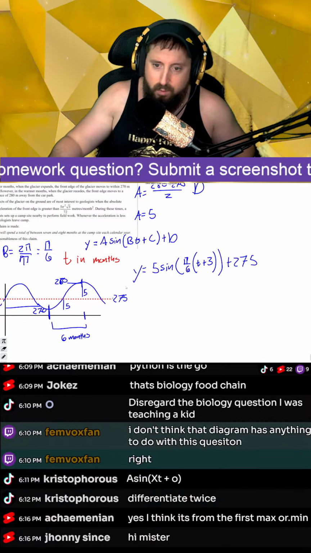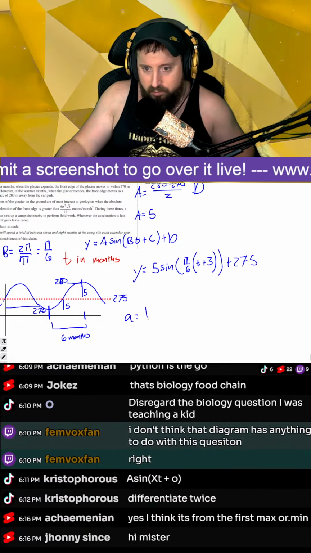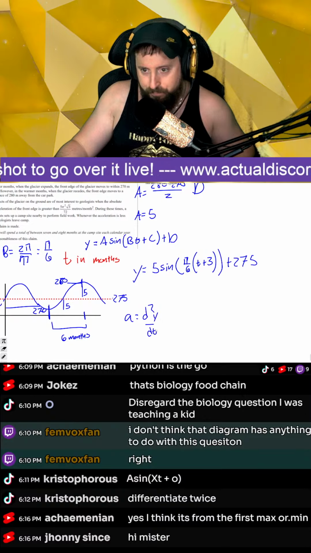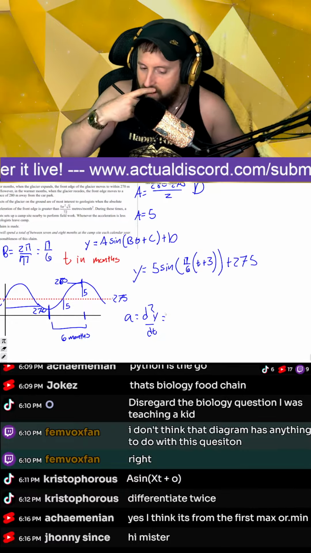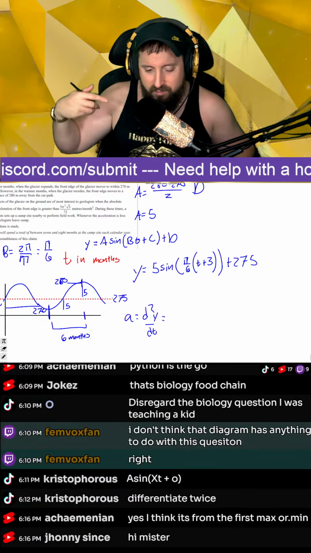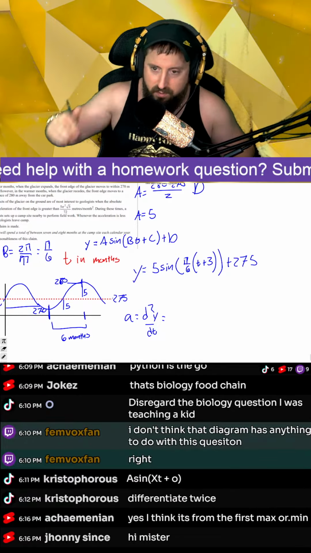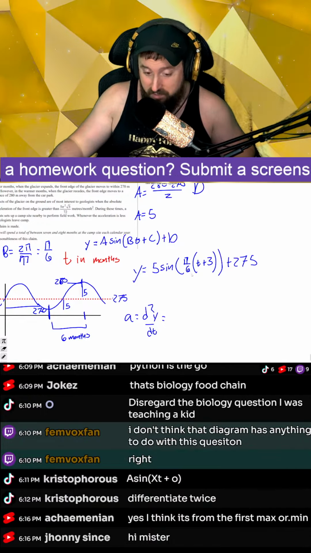Okay, so this is this. So the acceleration is equal to d squared y over dt squared, which is going to pull out this. So sine's going to go to cosine, cosine's going to negative sine, and then it's going to each time pull out a pi over 6.